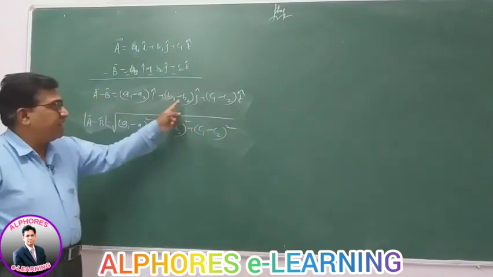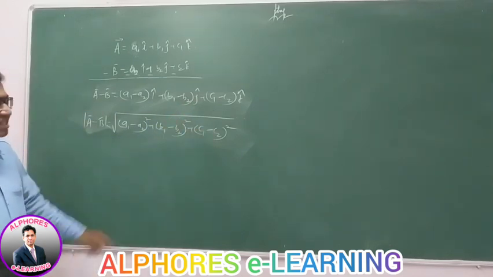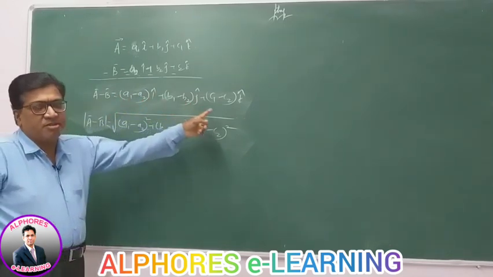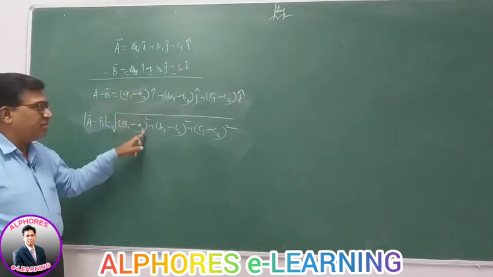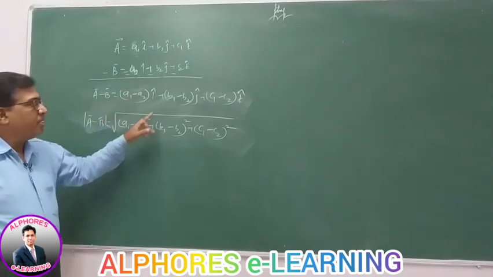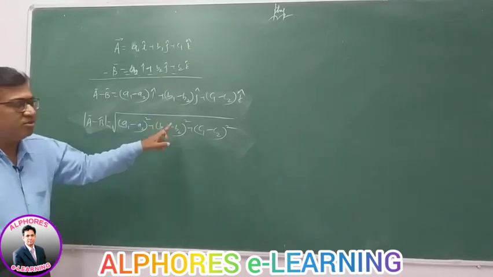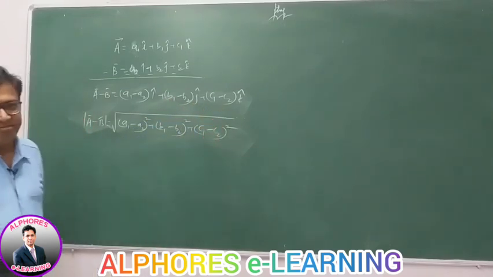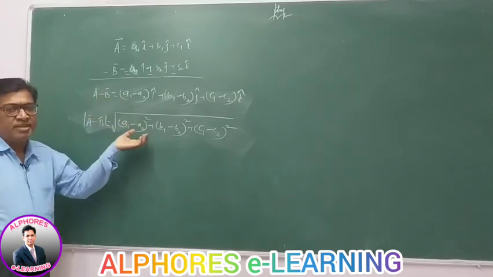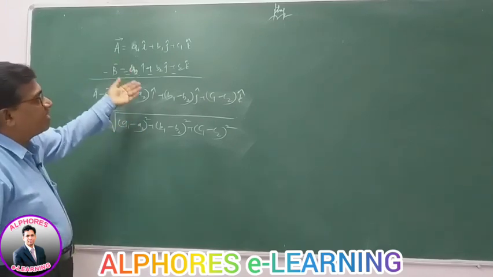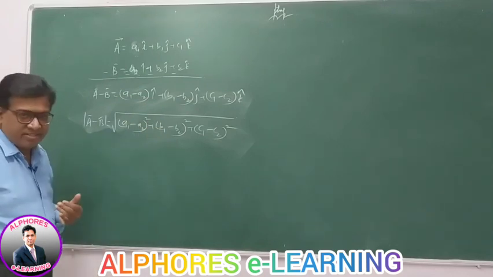Again, the x component is a1 minus a2, the y component b1 minus b2, the z component c1 minus c2. For directional cosines, cos alpha is a1 minus a2 by the magnitude, then b1 minus b2 by the magnitude, and c1 minus c2 by the magnitude. So this way you can find the addition and subtraction when components are given.